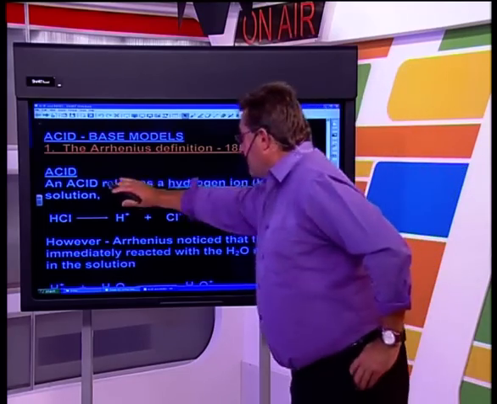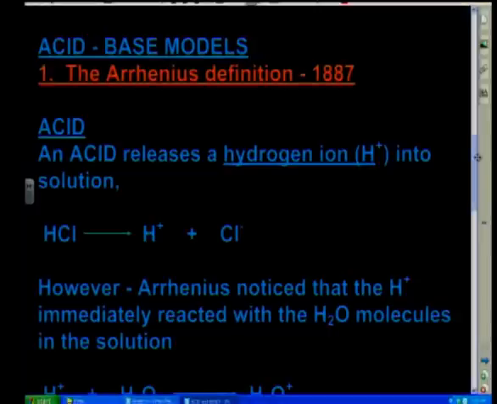Okay, so guys, what is an acid? Well, an acid, according to our first definition, which was put forward by a Swedish scientist by the name of Svante Arrhenius in 1887, becomes known as the Arrhenius definition. He said that an acid releases a hydrogen ion into a solution.